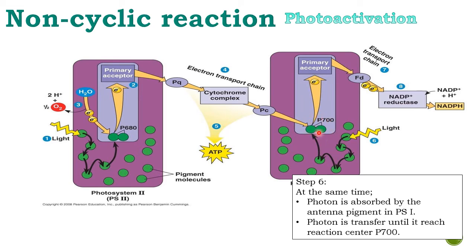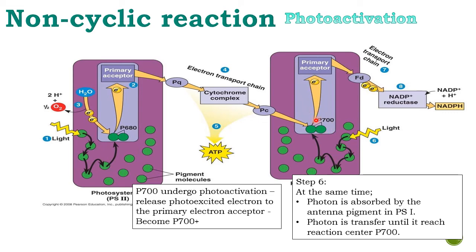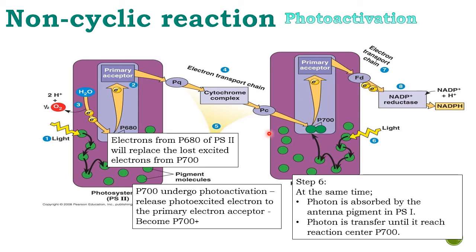P700 is oxidized to P700 plus because it donates its electron. The electron from the P680 of photosystem 2 that underwent the ETC, from PC, will replace the lost excited electron from P700. So, P700 plus will be reduced back into P700.